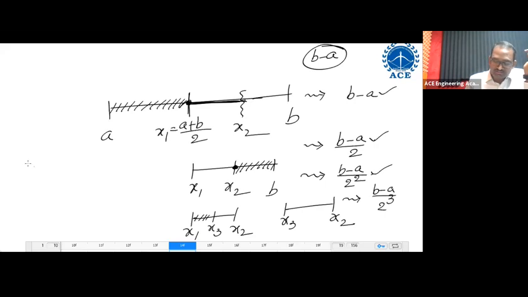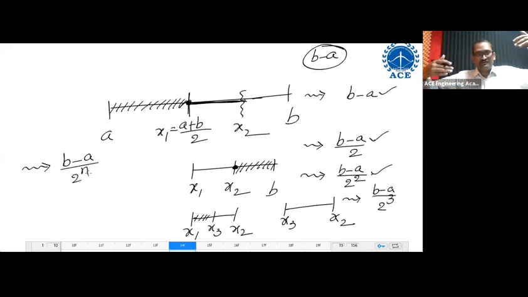After n approximations, the interval length is b minus a by 2 to the power of n. Every time, the interval length is exactly half of its previous interval length.